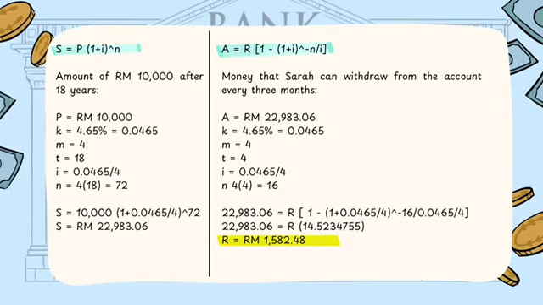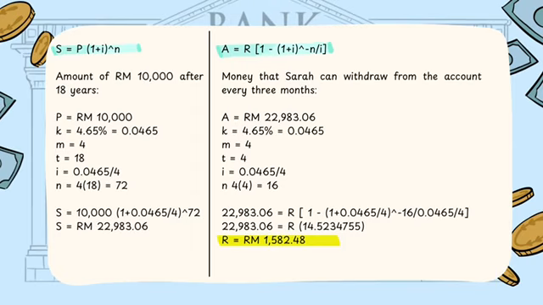Now let's look at Sarah's investment. She invested 10,000 ringgit at an interest rate of 4.65% per year compounded quarterly for 18 years. We use the formula S equals P times (1 plus I) to the power of N, where I equals 0.0465 divided by 4 and N equals 4 times 18, which is 72.